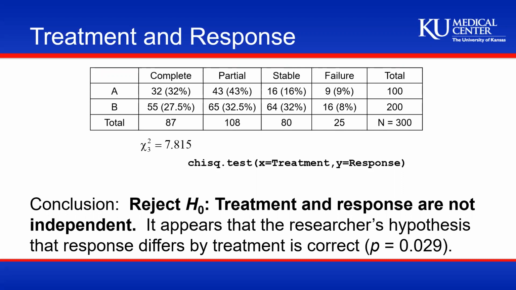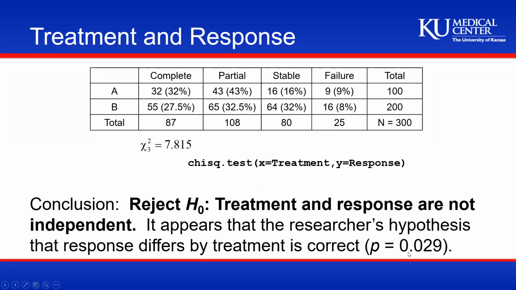The variation in these counts between groups is about 7.5 times higher than you would expect if there was no association between A and B and the pattern of responses. So here, this is big.